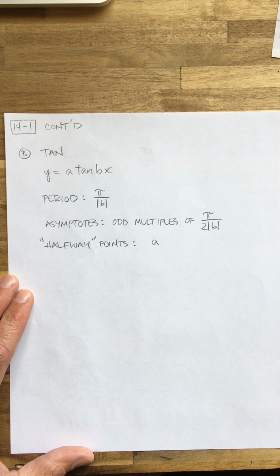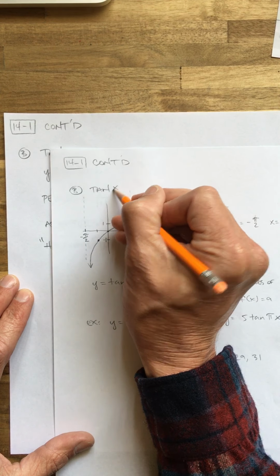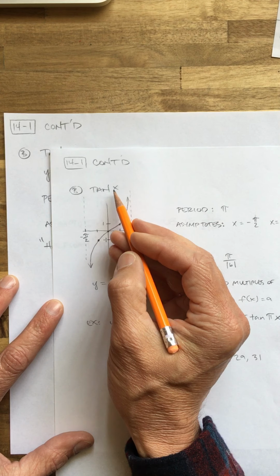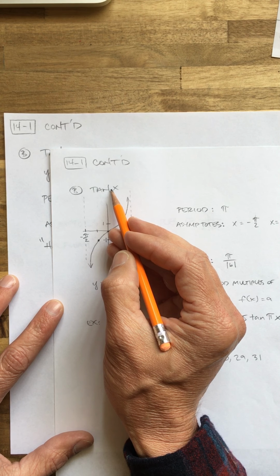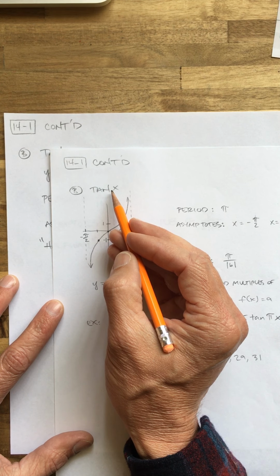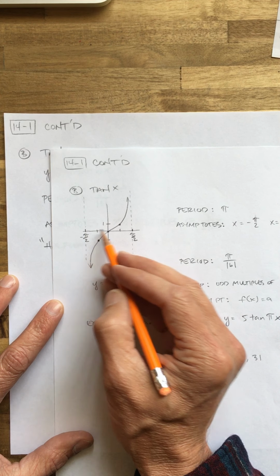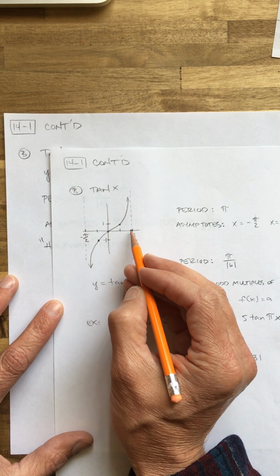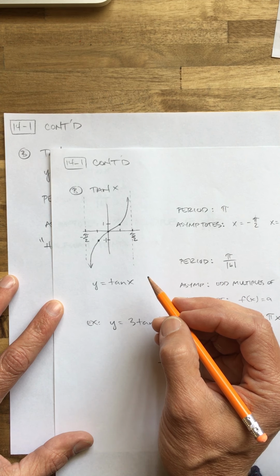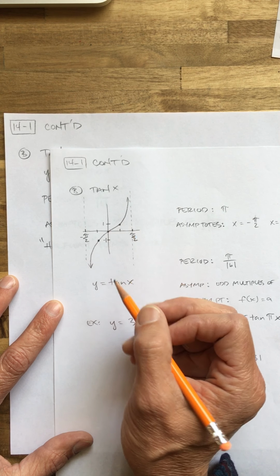And if you look at this one, say we just had y equals the tangent of x. What is b? b is 1, okay? So the period is going to be pi divided by 1, which is just pi. So if you look from here to here, what's the distance from negative pi over 2 to positive pi over 2? Well, for instance, what's the distance between negative 1 to positive 1?